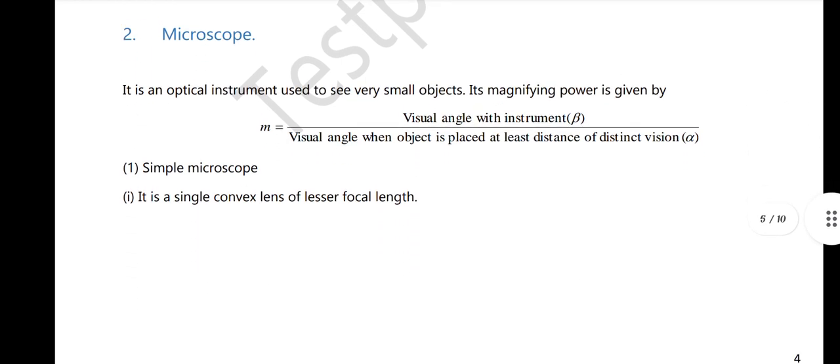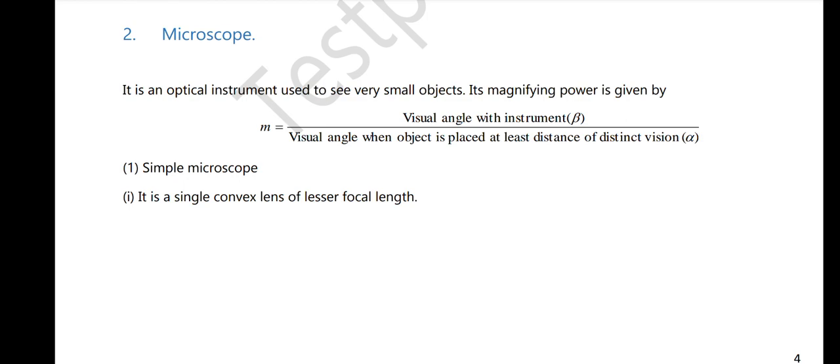Next, after learning about the eye and its defects, the next topic is the microscope. It is an optical instrument used to see very small or minute objects.